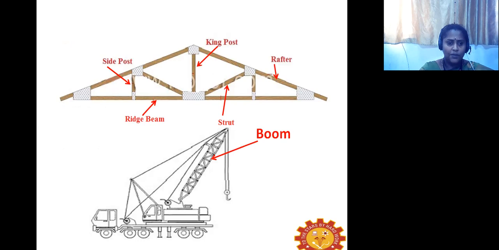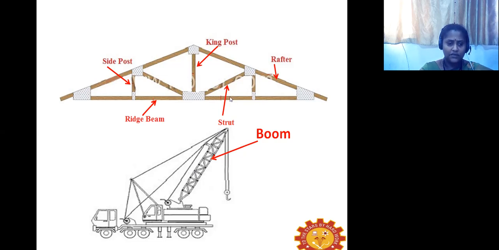Here, pictorially, you could see what a boom is and what a strut is. The vertical bracing element is also termed a strut. And here comes a good example for a boom, which is there in the crane.